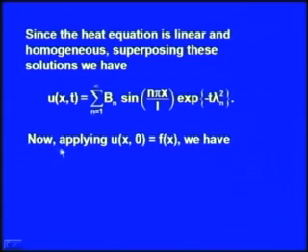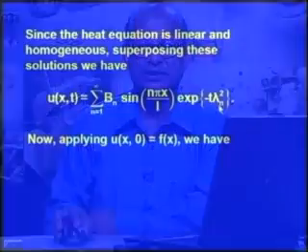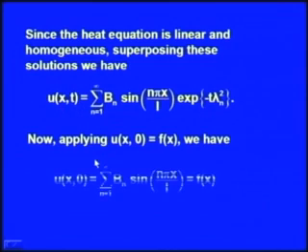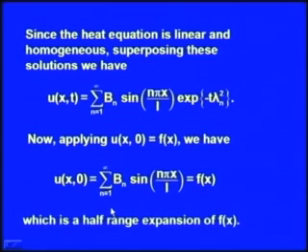Now, let us apply the given initial condition, that is, the initial temperature distribution in the bar is assumed to be given by the function f(x). So, when you put t equal to 0 here, e to the power 0 is 1. So, we shall have u(x, 0) equal to sigma n equal to 1 to infinity B_n sin(n pi x over L), which is equal to the given function.